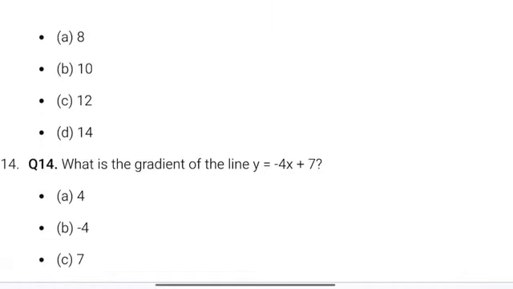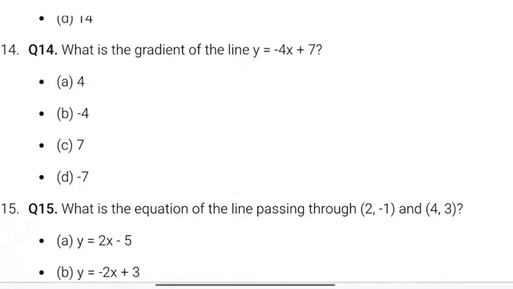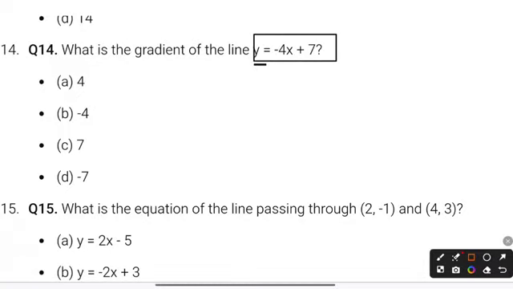Then let's see number 14: what is the gradient of the line y equals minus 4x plus 7? This is very simple. We should relate the equation given to us with the equation of a slope, y equals mx plus c.